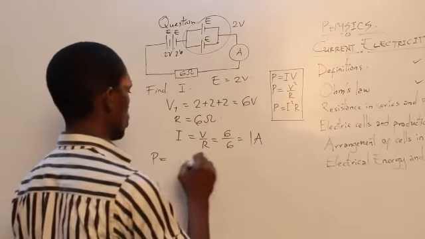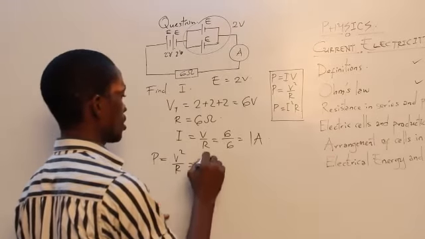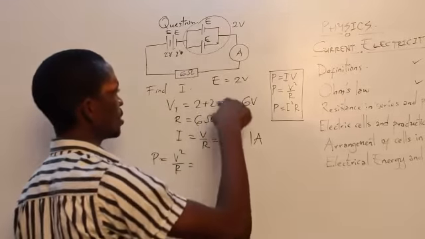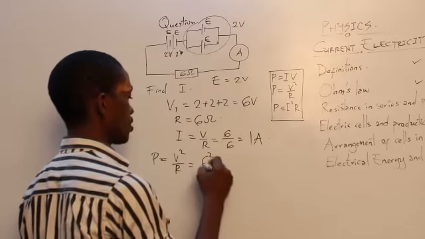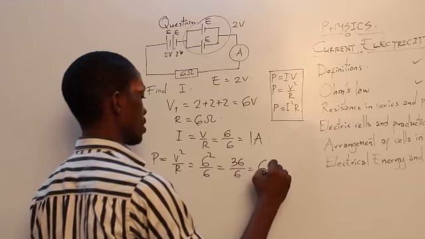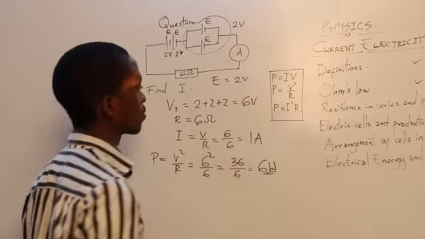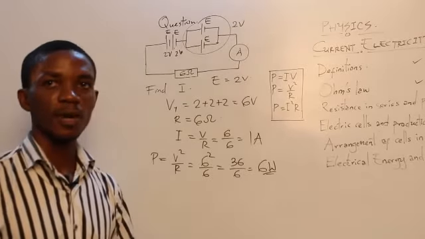So power equals V squared over R, where our total V is 6 volts. That's 6 squared over 6. 6 squared is 36, divided by 6, which gives us 6 watts. So if you try any other formula, you would get the same answer.